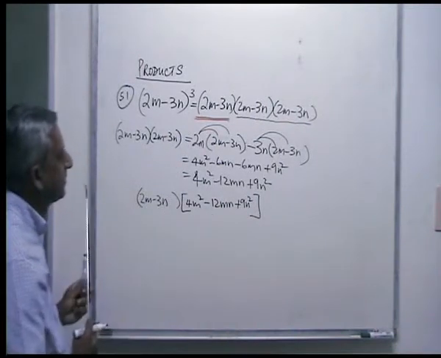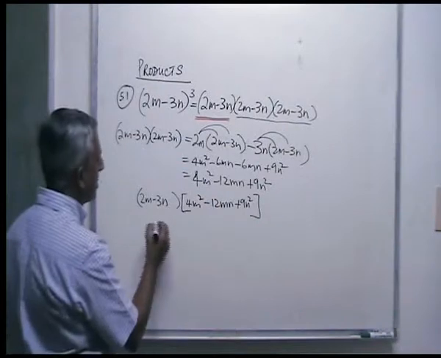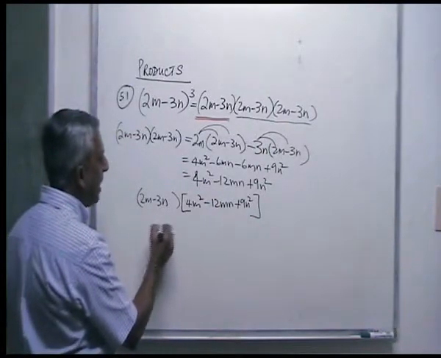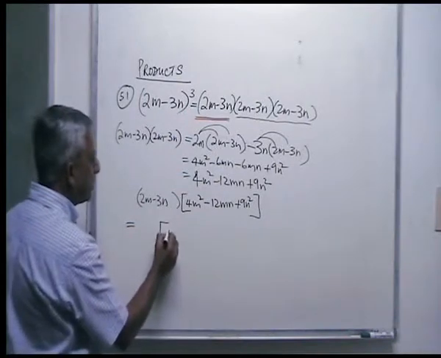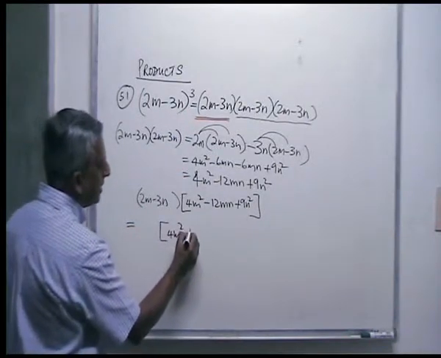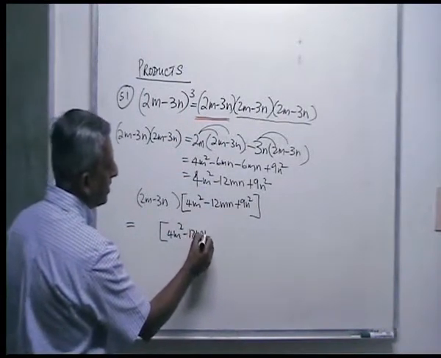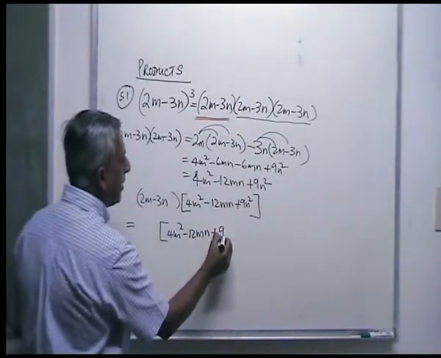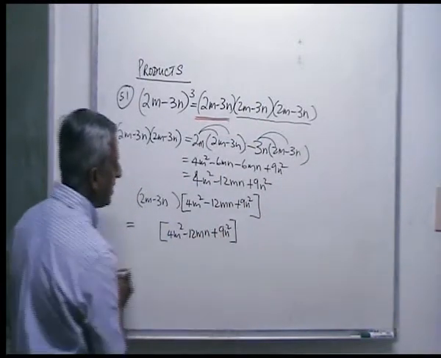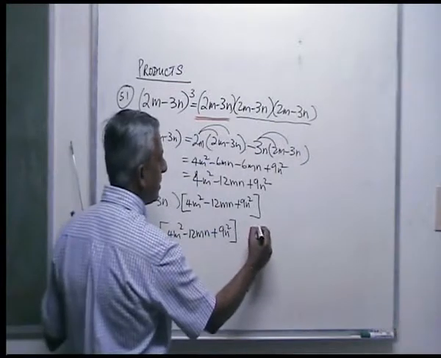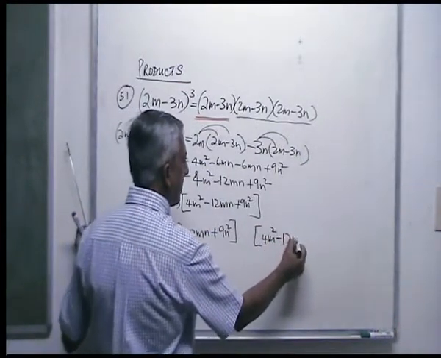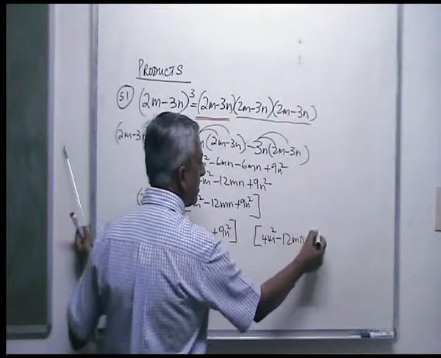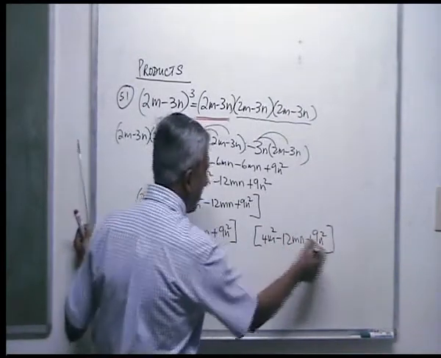That bracket will have to be written 2 times. Same thing we did before, but we're just separating it a little bit. So I can write this 2 times, 4m squared minus 12mn plus 9n squared.